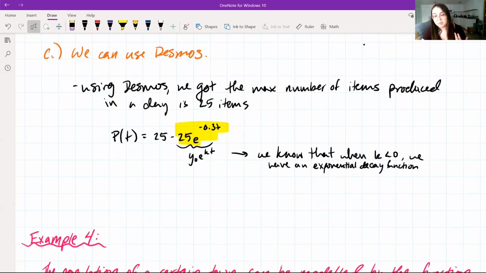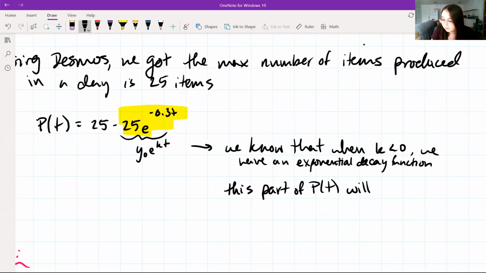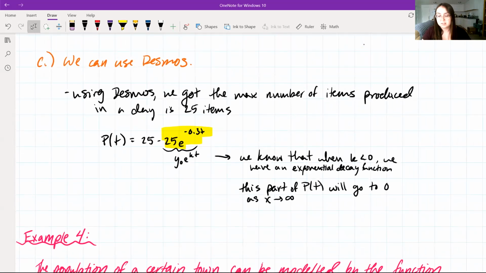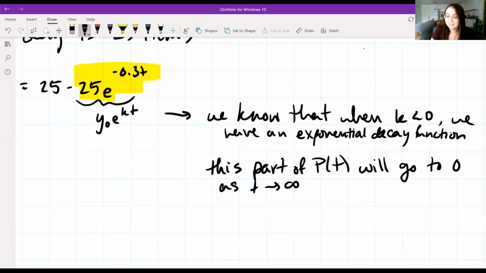So using this information, we can also say that this part of P of t will go to 0 as x goes to infinity. Or t goes to infinity. There we go.